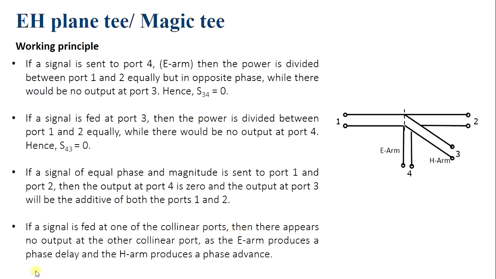If the signal is fed at one of the collinear ports, either port 1 or port 2, then there appears no power at the other collinear port, as the E arm produces a phase delay and the H arm produces a phase advance. So we can write S12 equal to S21 equal to 0. So these are some of the properties of magic T, which will be helpful for us for the S parameter calculation of the magic T.